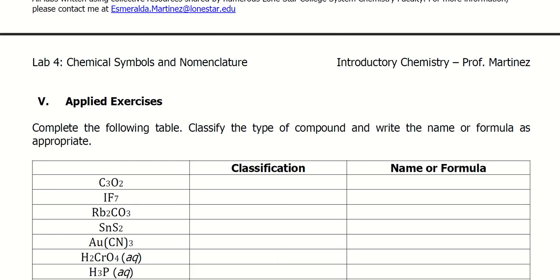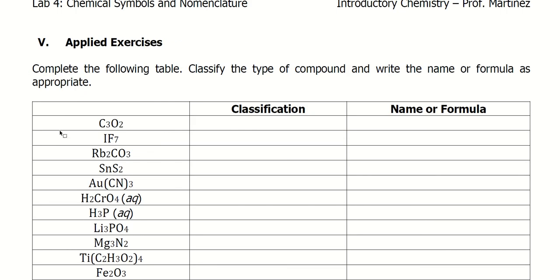And then finally, to finish this lab off, you will be completing this table now that you know so much about naming and about what's an ion versus what's an isotope, all these different types of things. Now that you know all of that, you are able to classify compounds, hopefully.